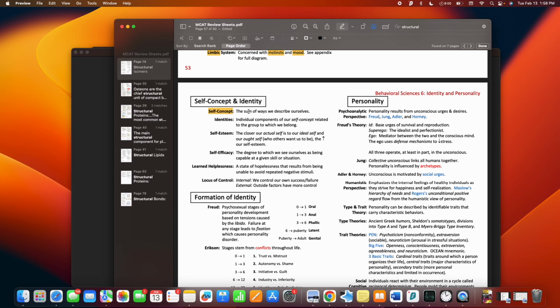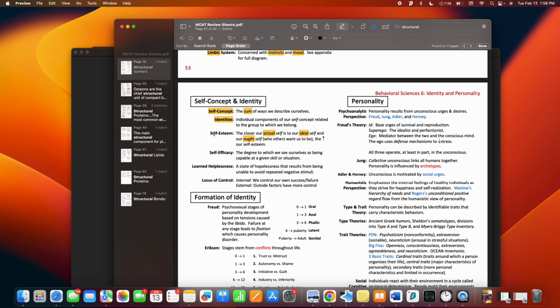Identities are individual components of our self-concept related to the groups to which we belong. Self-esteem: the closer our actual self is to our ideal self, and our ought self, who others want us to be, this increases our self-esteem.